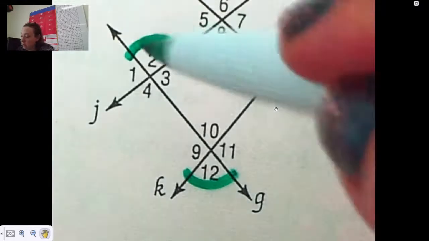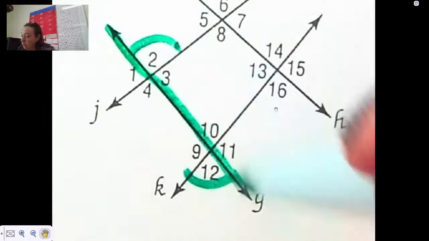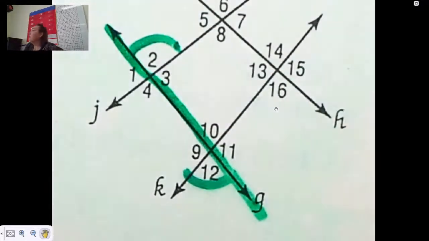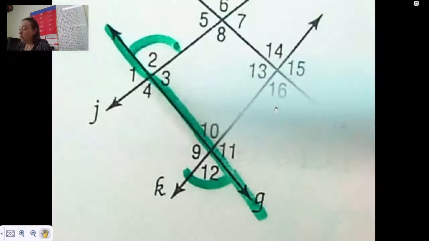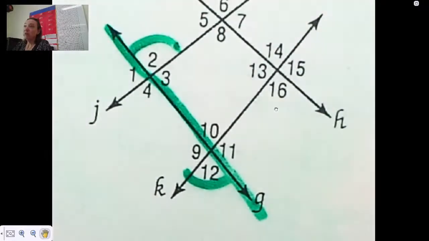What's our transversal? G. Amari, because I think I've confused you, so I want to make sure I get this clear. Identifying the transversal and the lines is just so we can figure out what the relationship is. You don't have to write that down. That's just to figure it out, okay? That's our transversal because that's what crosses both of them.